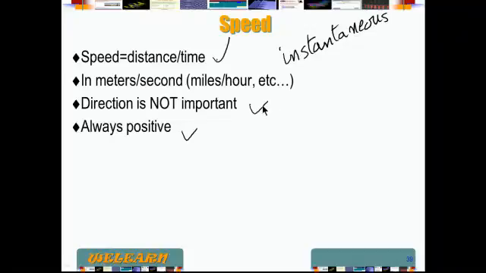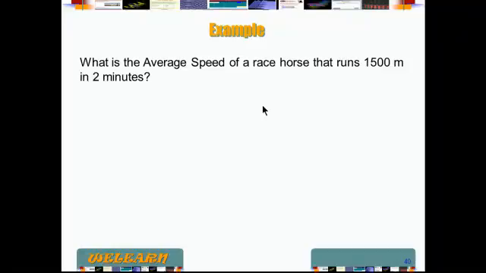Speed is always positive. Okay, as an example, what is the average speed of a racehorse that runs 1500 meters in 2 minutes? Okay, in this particular case, the horse ran 1500 meters. The speed is distance over time.